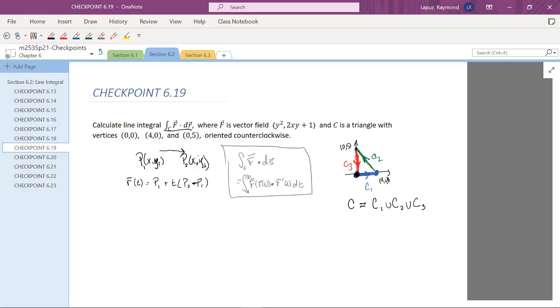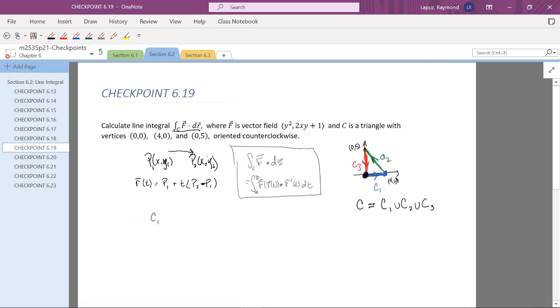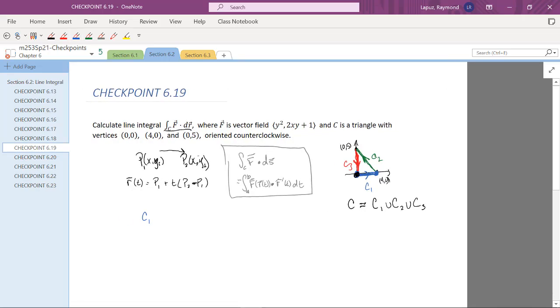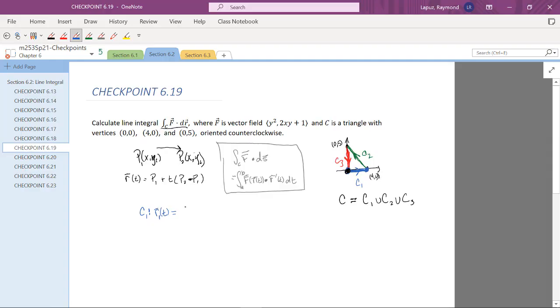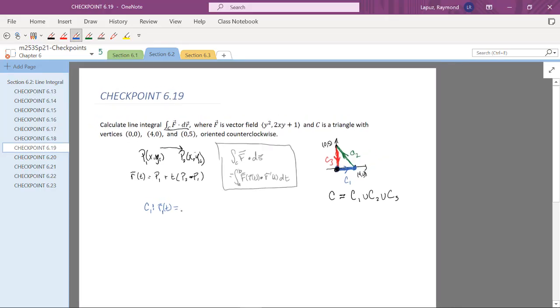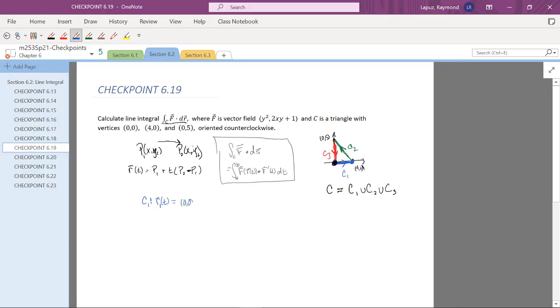Let's now parameterize C1 and then compute the integral associated with C1. So C1, let's call this r sub 1, is going to equal the first point, which is the origin, 0, 0, plus t times the difference between 4, 0 and 0, 0.